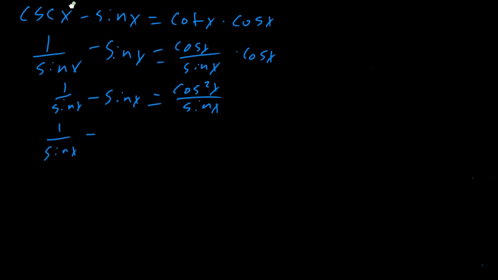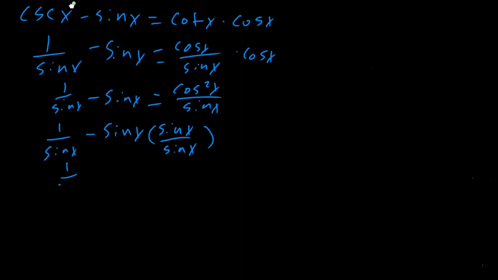We're going to do that to sine of x. So we're going to multiply sine of x by sine of x over sine of x. And we can do that because sine of x over sine of x is just 1. So technically, sine of x times sine of x over sine of x is still equal to sine of x.